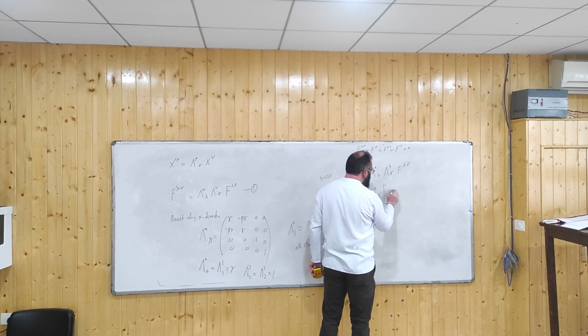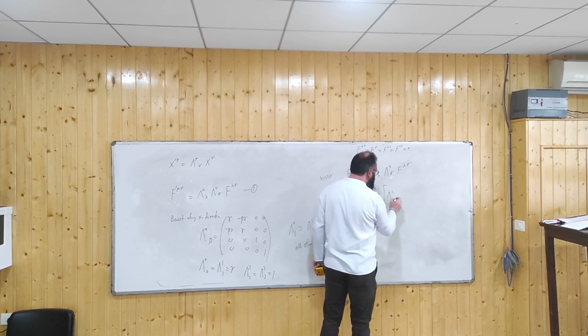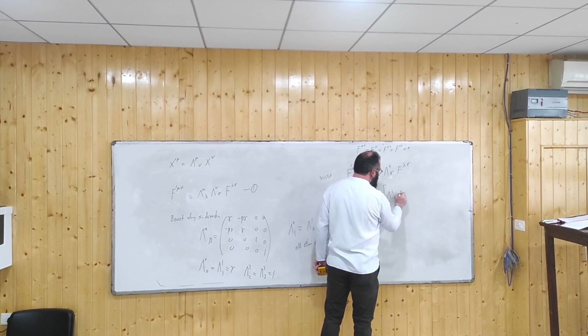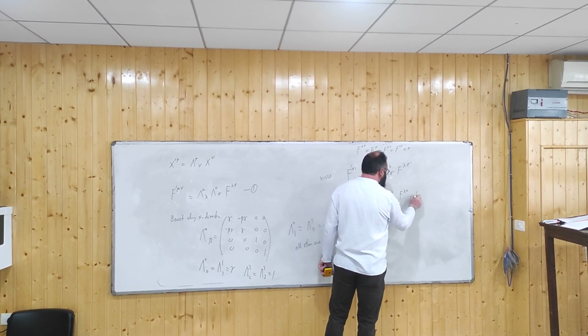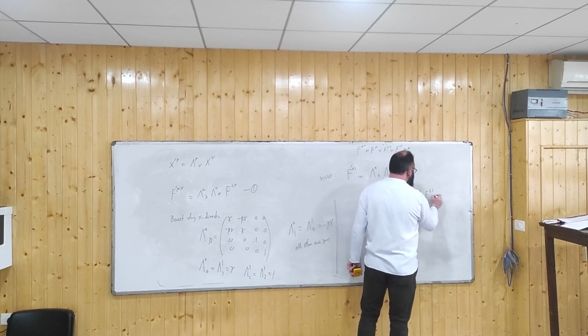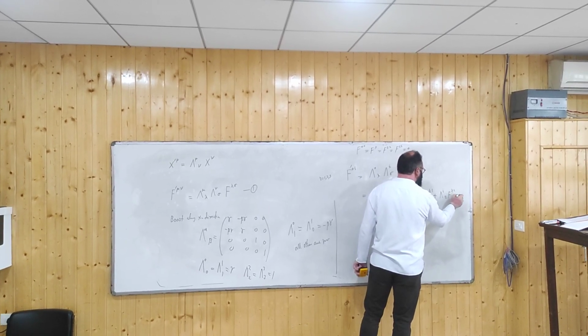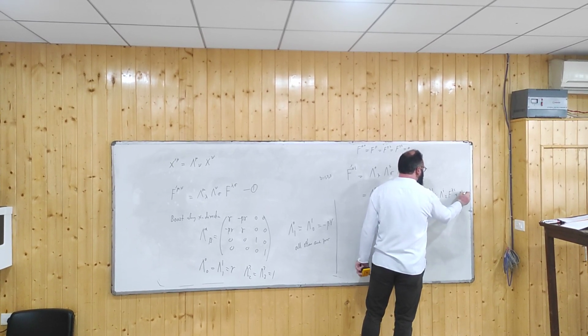So it is lambda i sigma, where sigma goes from 0 to 3. So it will be lambda i 0 f lambda 0 plus lambda i 1 f lambda 1 plus lambda i 2 f lambda 2 plus lambda i 3 f lambda 3.